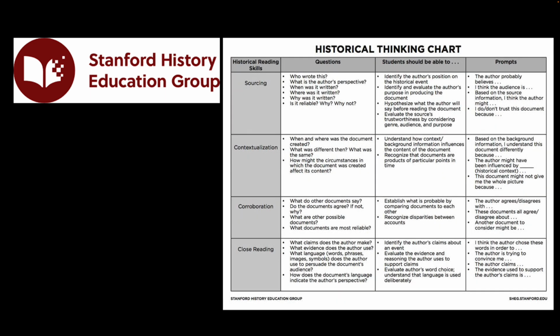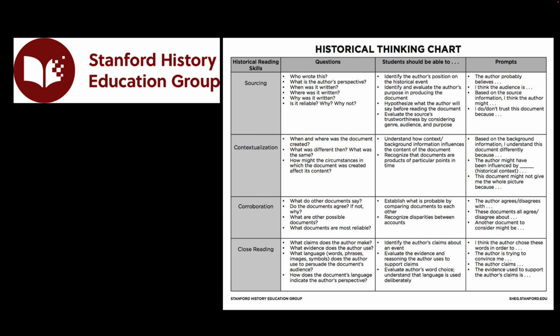But one of the things that the Stanford History Education Group has is what they call their reading like a historian curriculum. And they set out essentially a few different tasks for reading primary sources like a historian. It's a 4-part kind of system that I like to refer to as the SC3 system.